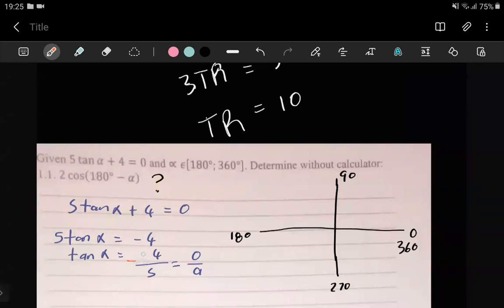So you don't know if it's for the top number or the bottom number, it doesn't matter. But if you're going to draw your sketch, you just have to be logical, because tan alpha is equal to negative 4 over 5.